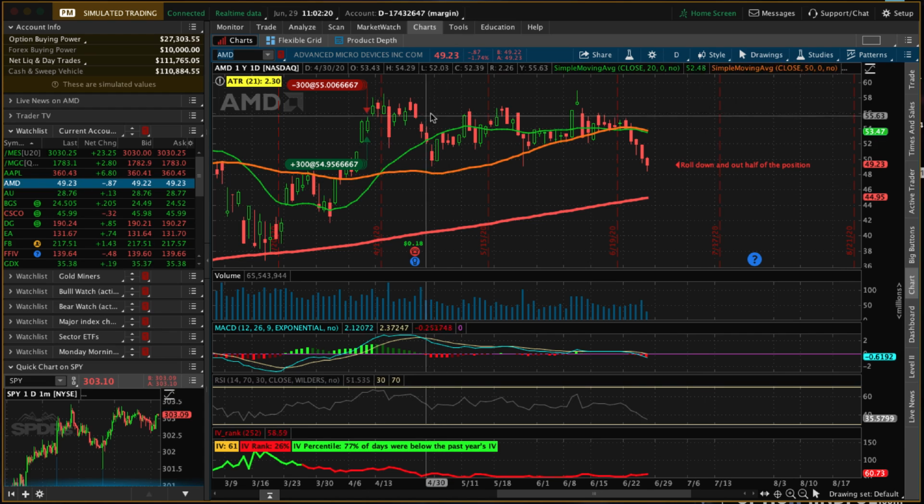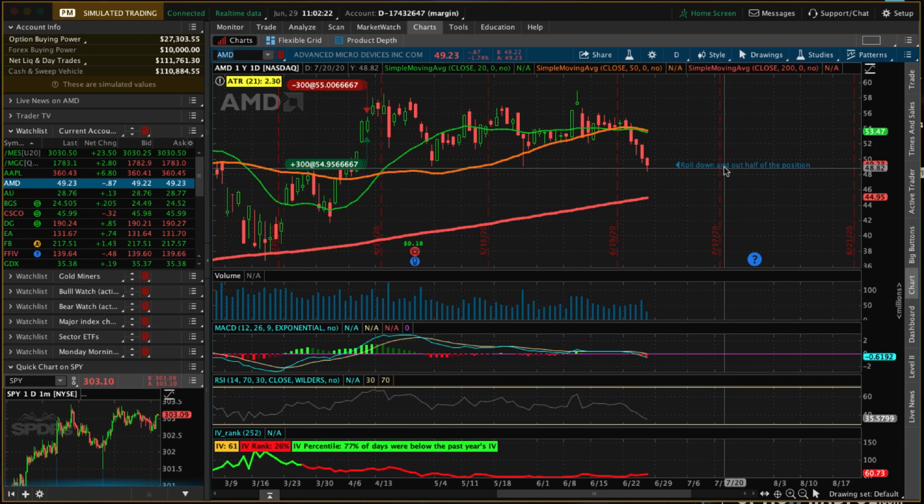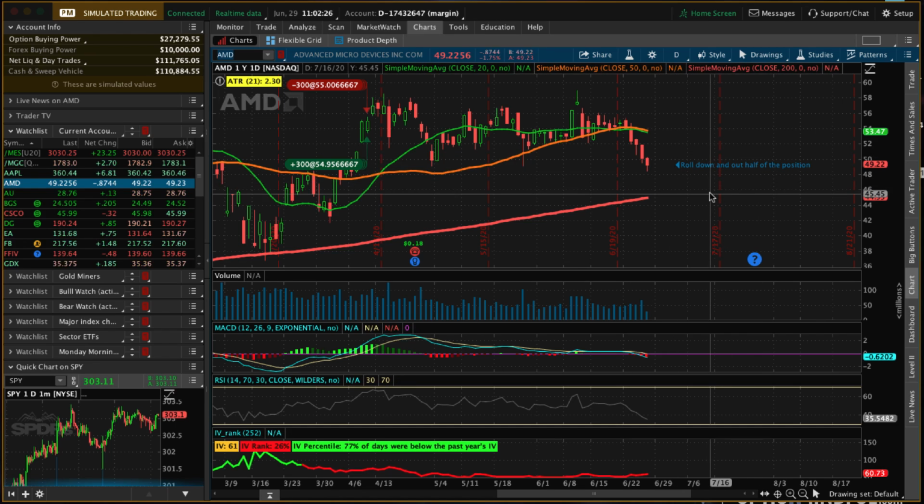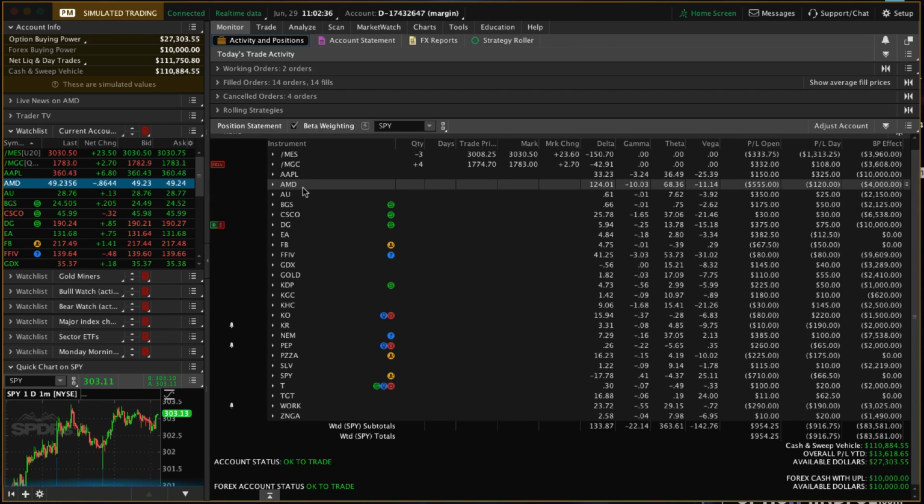But just to illustrate how I would get out of that trade if I didn't want to collect all the 49k of that position: I would just agree with the loss right now.